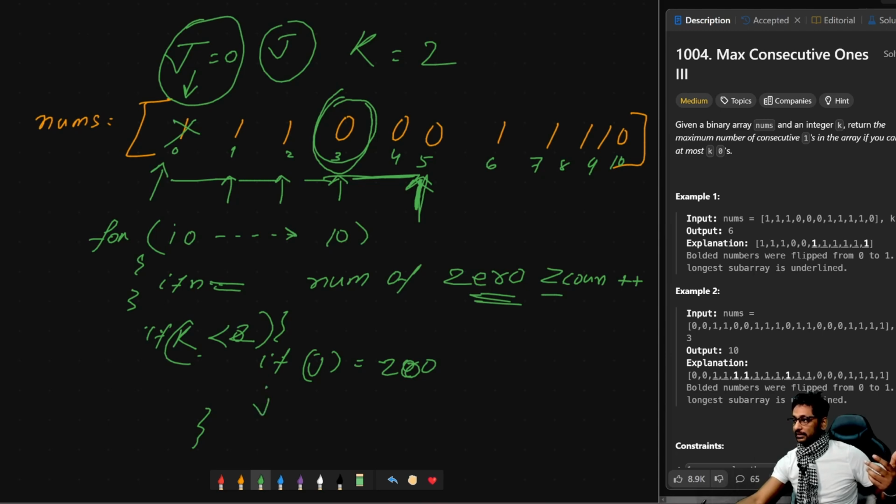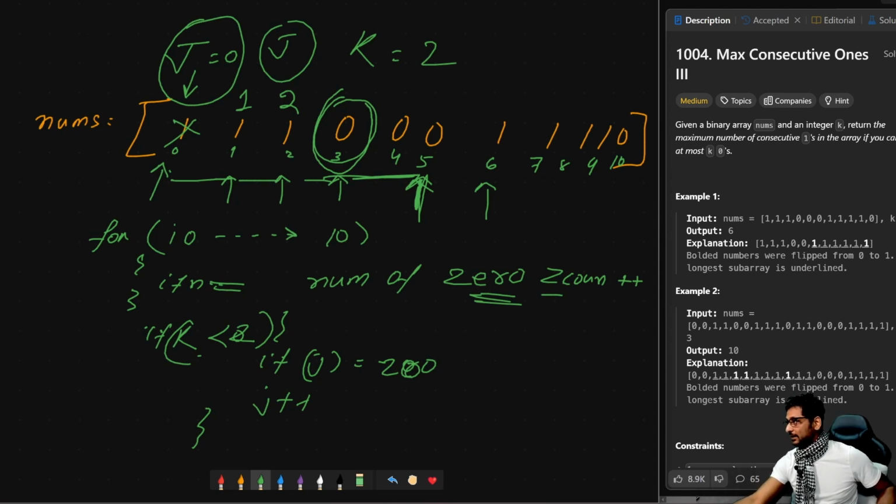So we're going to keep increasing it anyway, so our j will become 1. Same way again for the next one, our I will go here, right? Again for this one, our k counter will stay less than the 0 count. So again we increase our j to 2.